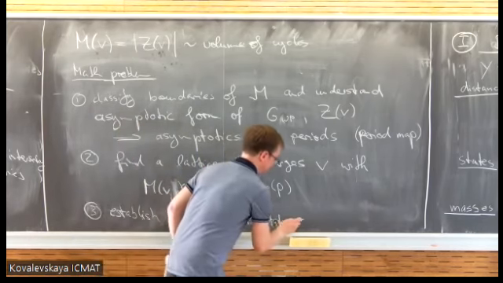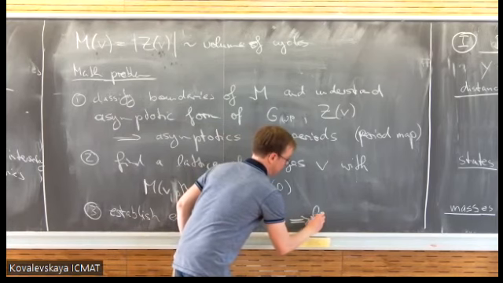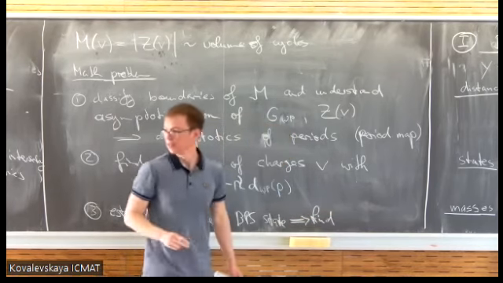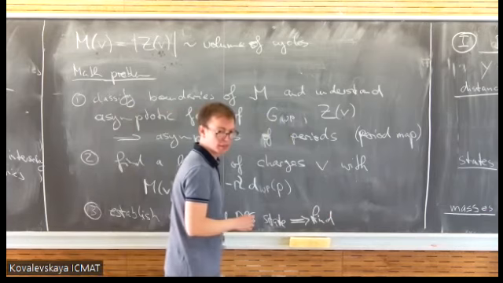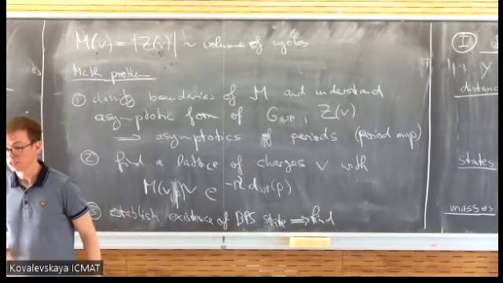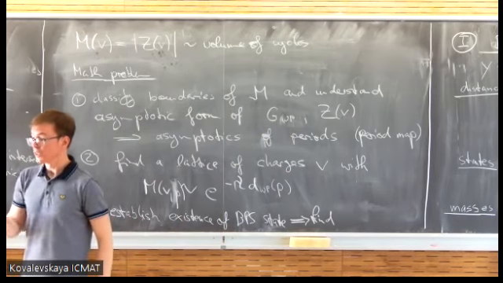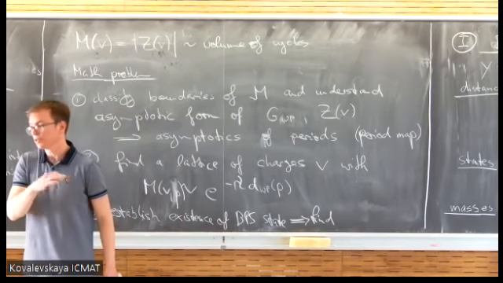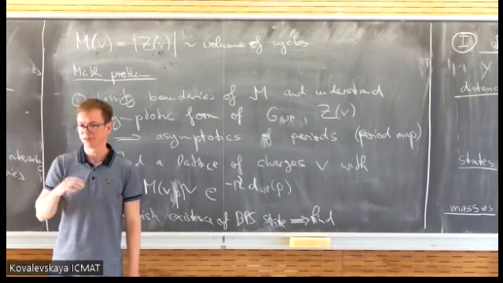The lattice of charges is the same as the third homology? Yes. Right, but maybe it's smaller. It will be some subset, not the full. We will see in one of the next lectures.